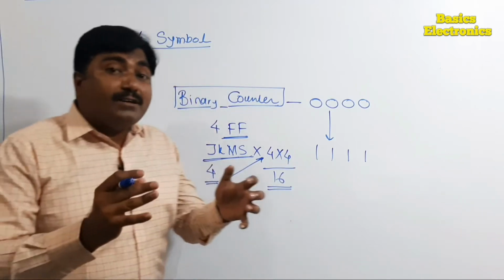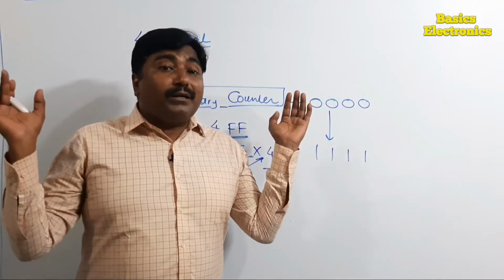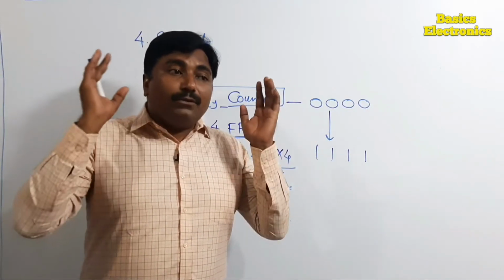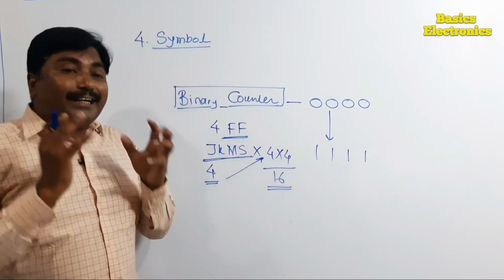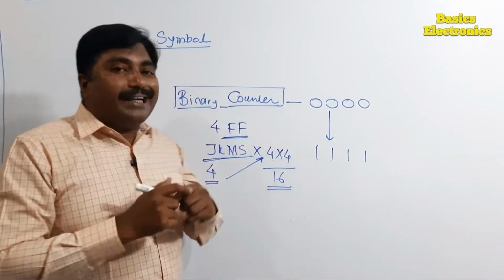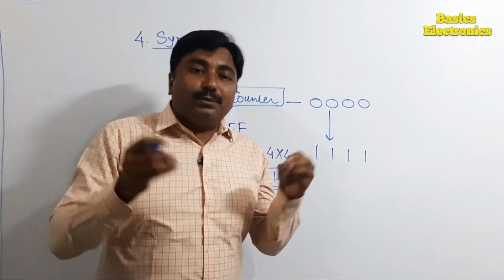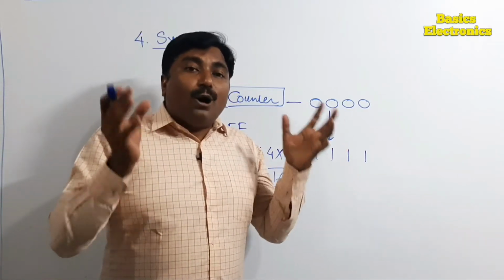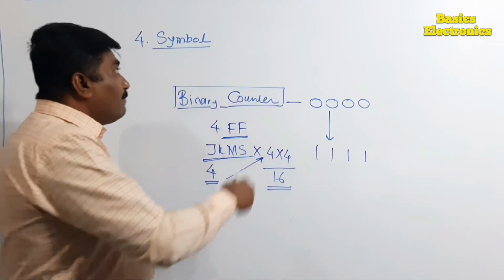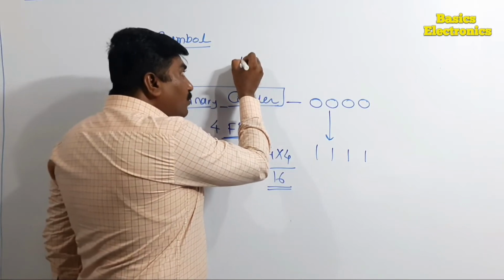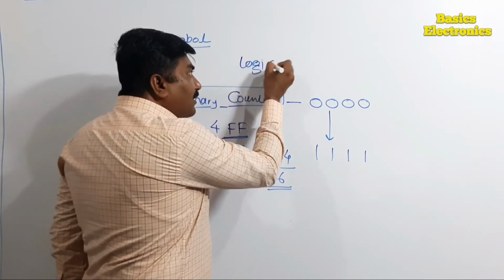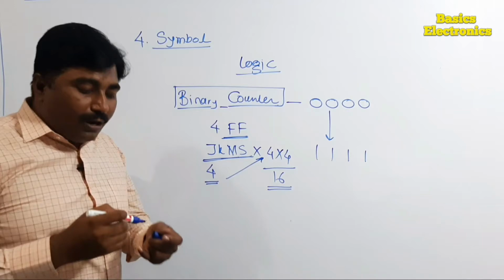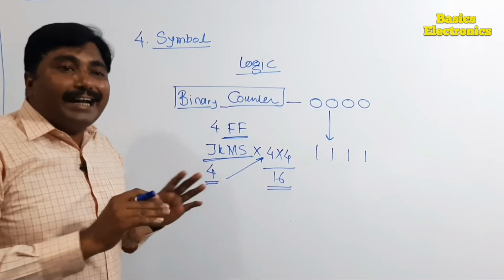Okay, when we make the connections of the various logic gates for the construction of the binary counter, it is very difficult to draw and to identify. So that's why all these logic gate electronic circuits are not drawn directly.